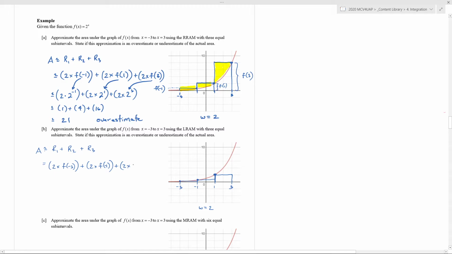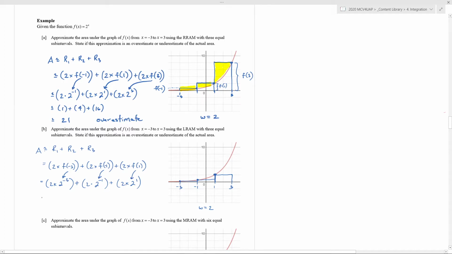So that's 2 times 2 to the negative 3 plus 2 times 2 to the negative 1 plus 2 times 2 to the power of 1. So f at negative 3 is this, f at negative 1 is that, f at 1 is just 2 to the 1.